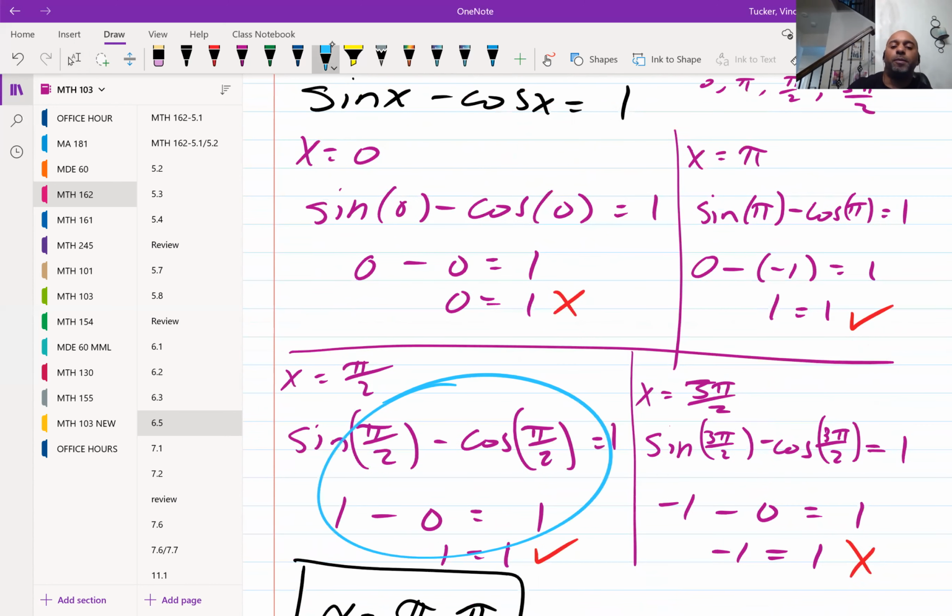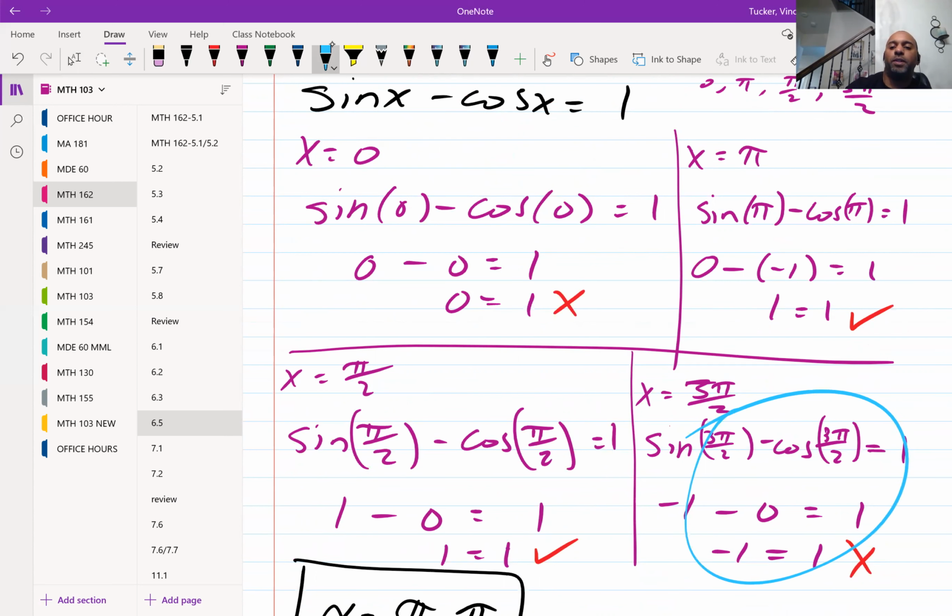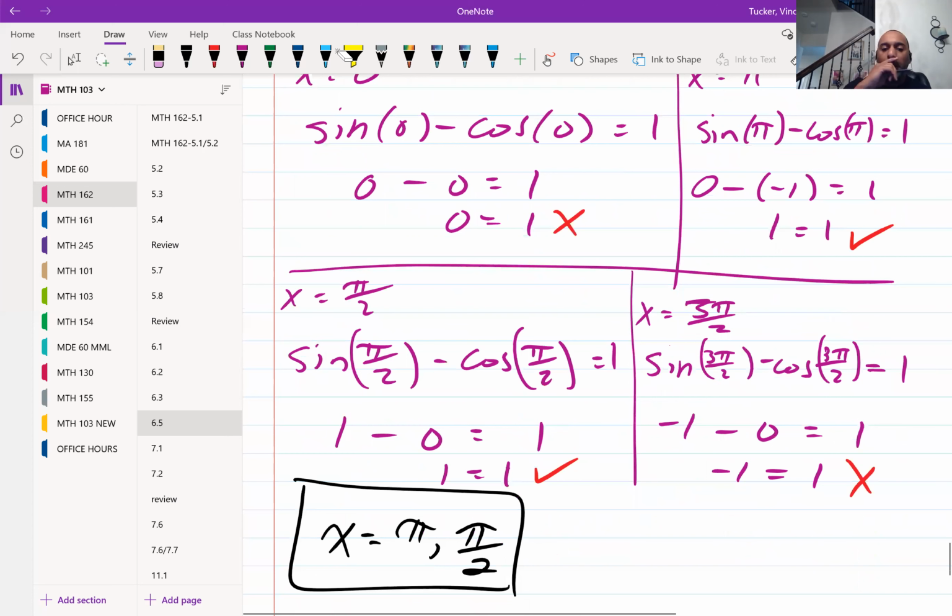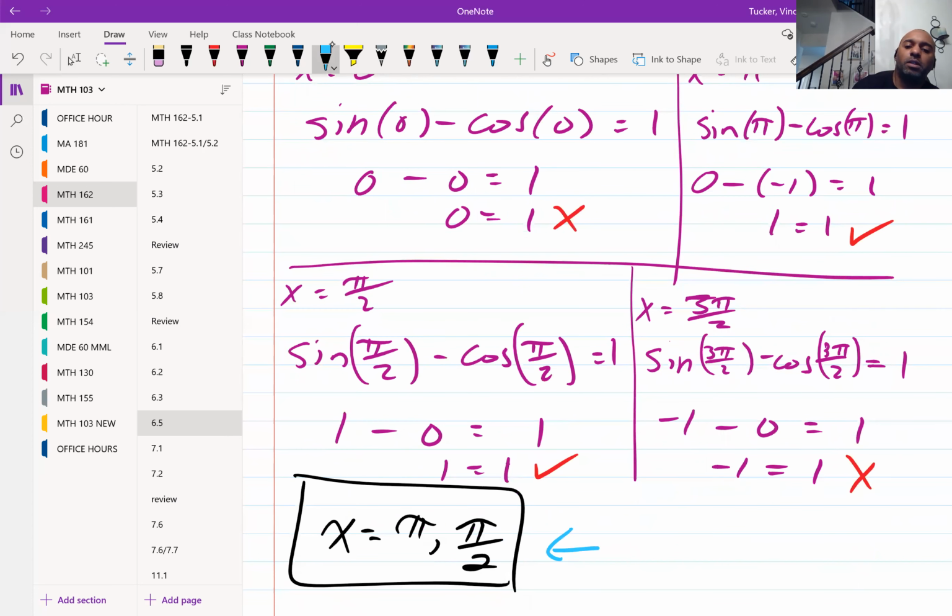Plugging in pi over 2 works. Plugging in 3 pi over 2 does not work. So the only solutions are pi and pi over 2. Those are the two that worked.